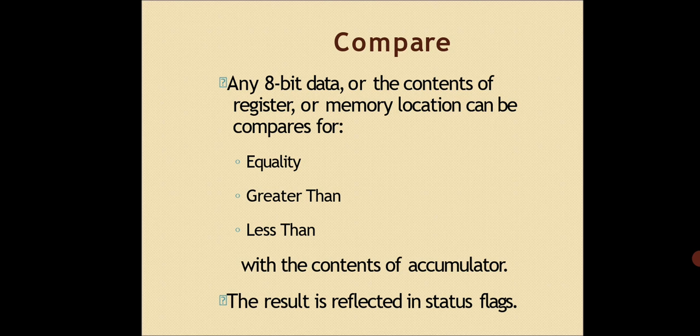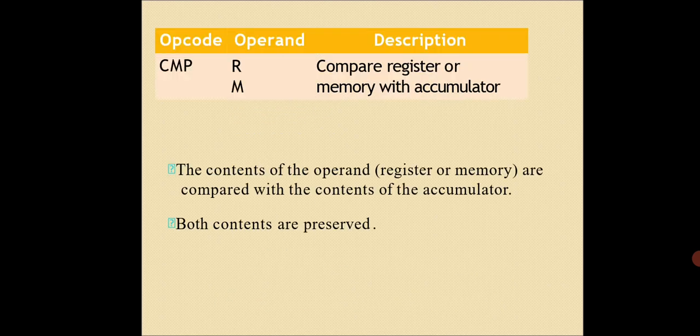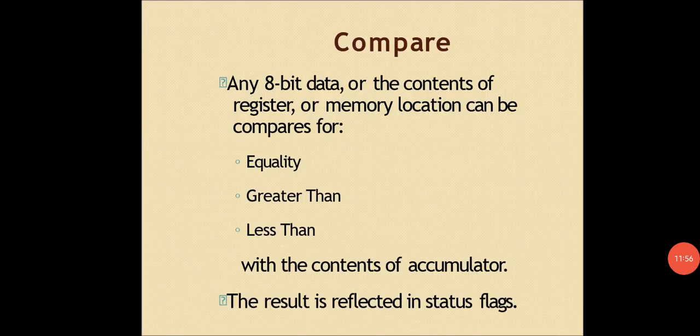The next is the compare. Any 8-bit data or the contents of the register or memory location can be compared for equality, greater than or less than with the content of the accumulator. The result is reflected in the status flag.